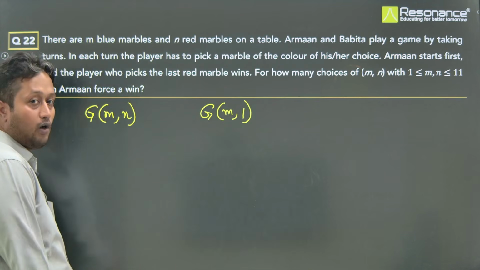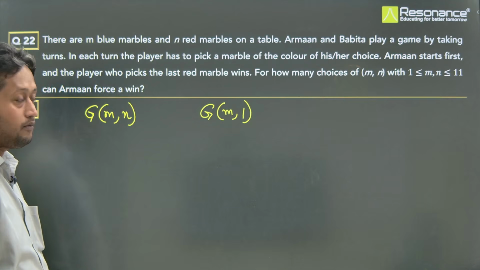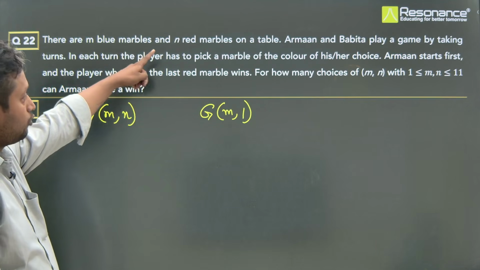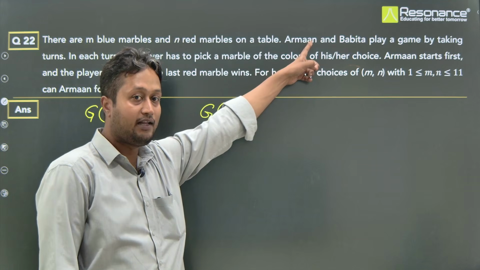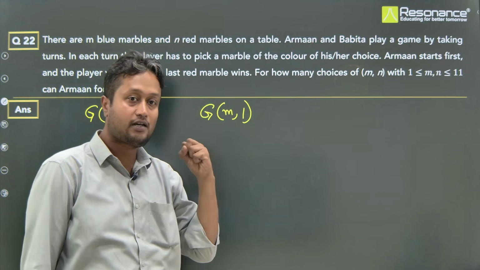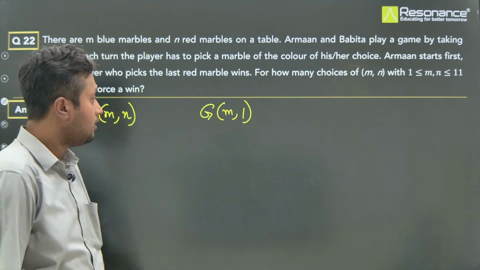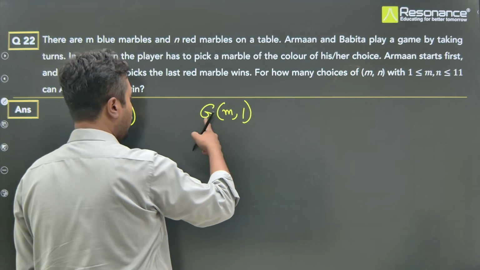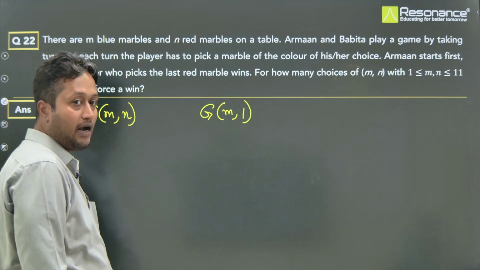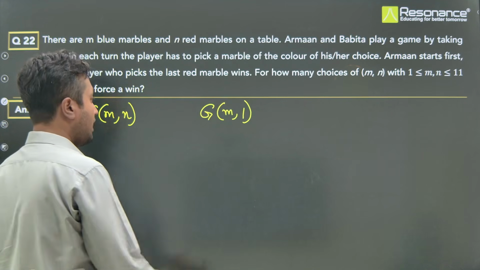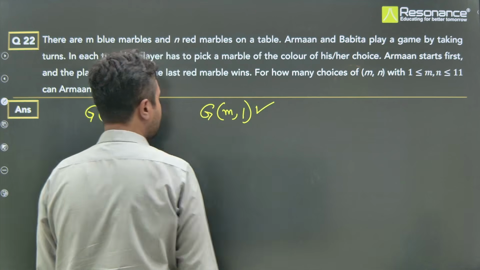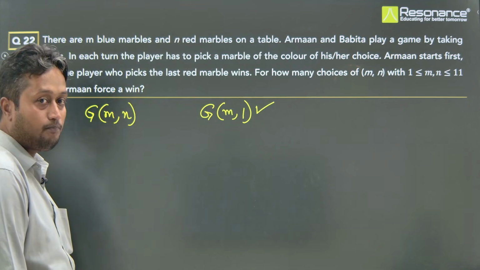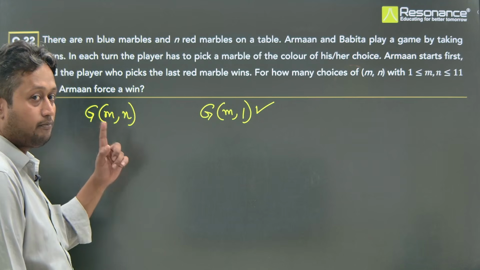Suppose there was only one red marble, then what Arman could do is, all right, he's anyway starting the game. The one who picks the last red marble wins. So in this case, all he could do is pick that red marble and the game is done. So that's a sure win, which means G(m, 1) is a definite win for Arman.